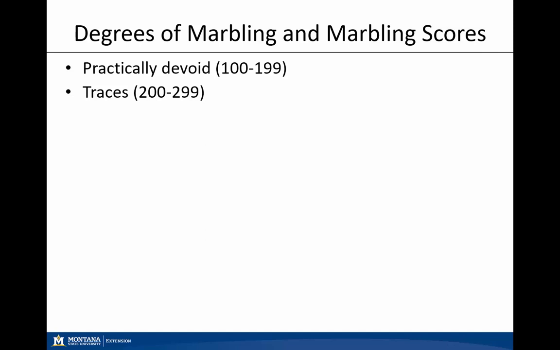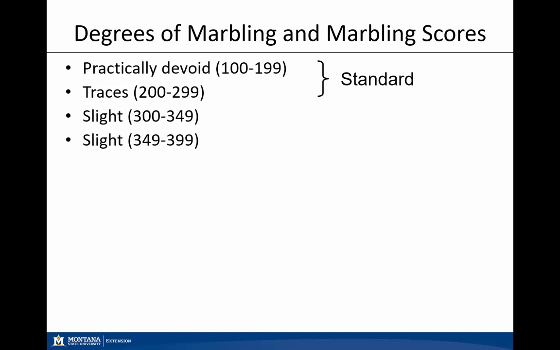The lowest degree of marbling is practically devoid, and traces, which is considered a standard, so very, very few flecks of marbling or little to no marbling in that steak. Then we move up to a slight, which is our selects, and that has a little bit more marbling within that steak.